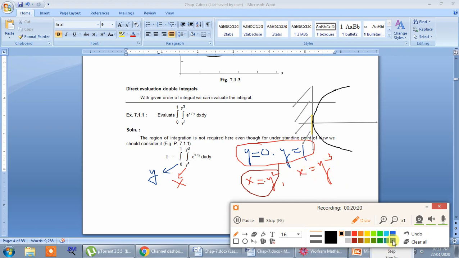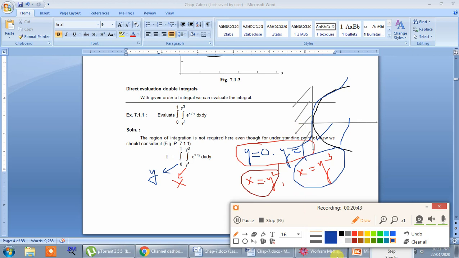The second curve passes through the origin only, and again it has the same tangent, therefore your curve will be like this. So x equal to y cube will be a curve like this, and it will be absent in the second and fourth quadrants.